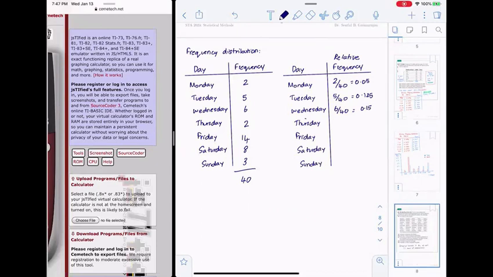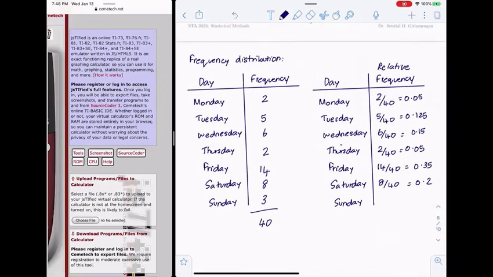Yes, and 2 over 40, 0.05, 14 over 40, 0.35, 8 over 40, it's 0.2, and 3 over 40, it's just 0.075. And if we add all the relative frequencies, we should get 1.